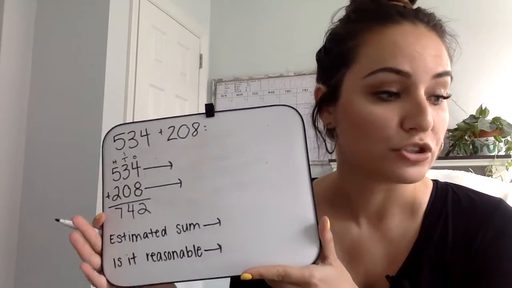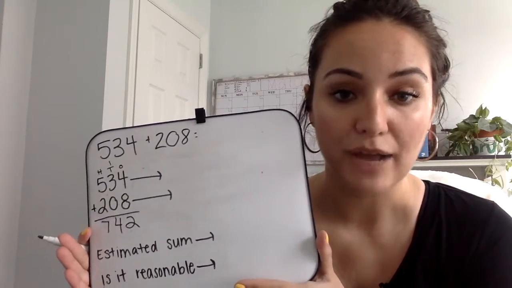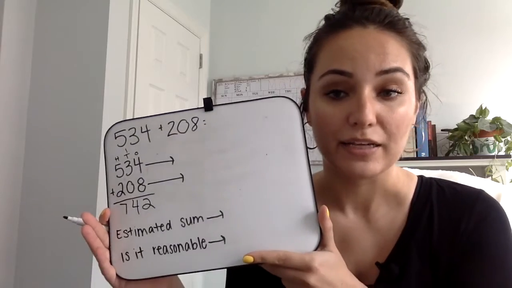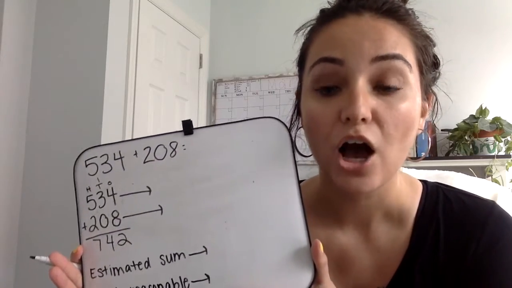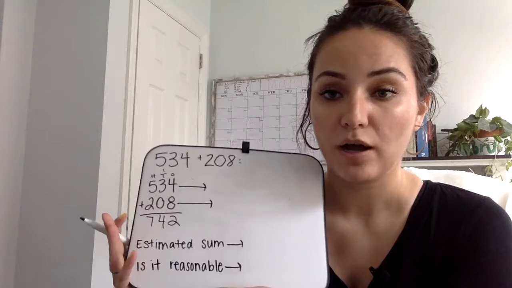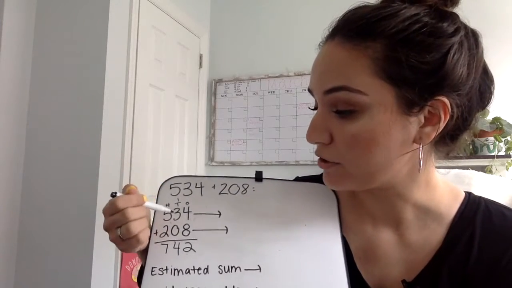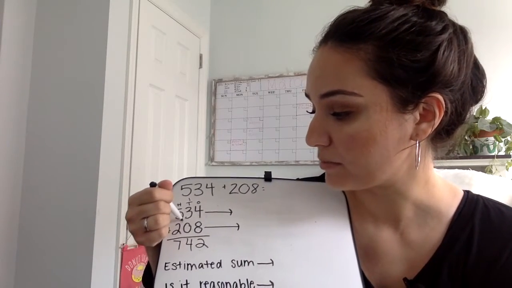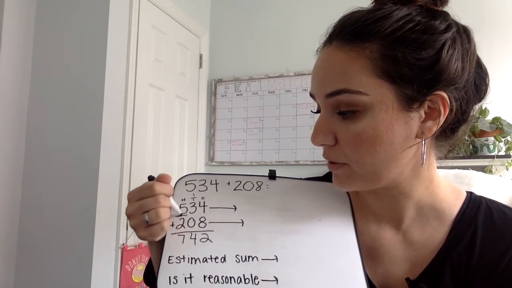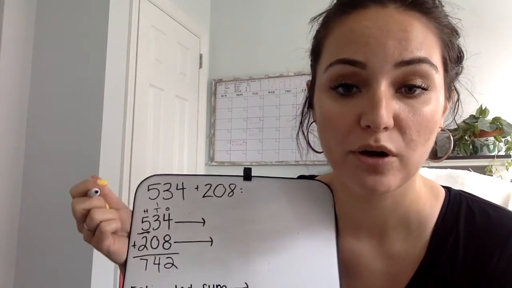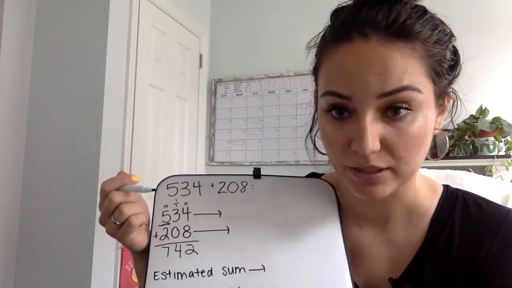But now the chart is asking you to round 534 and 208 to the nearest 100, okay? So remember our rounding rules. We need to underline the number that is in the place value that we are rounding to. Okay, so for 534, the number 5 is in the hundreds place.